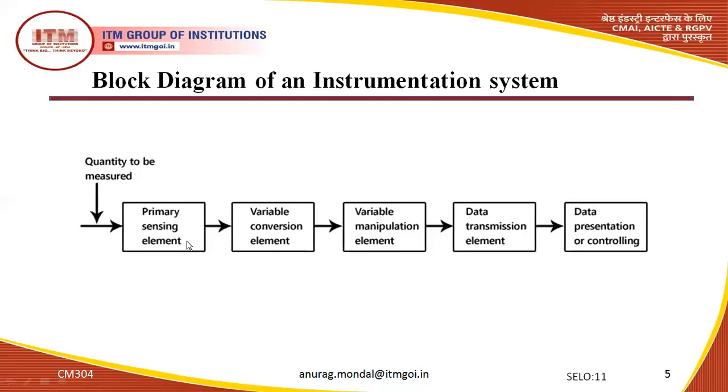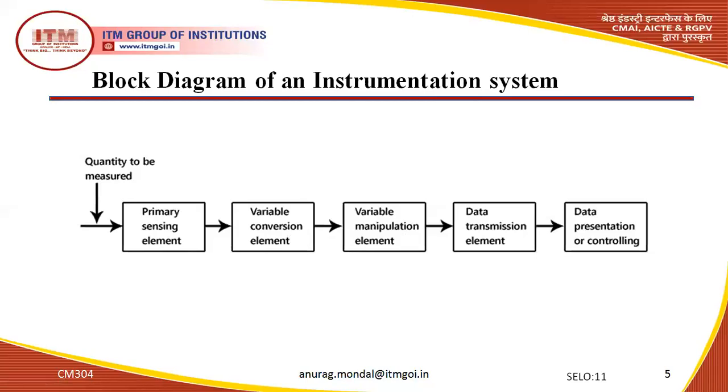First, the primary sensing element senses or measures the presence of the measured quantity, then it moves to the variable conversion unit to convert the change of the particular element into voltage or current. Then, after changing into voltage or current, we need to maintain that voltage or current within a specific range.